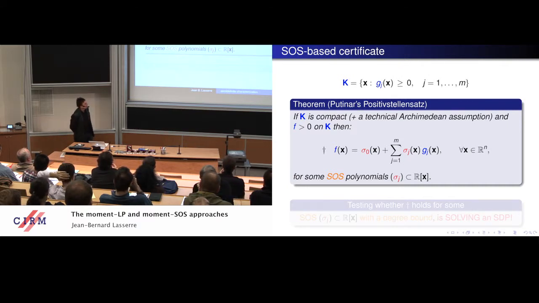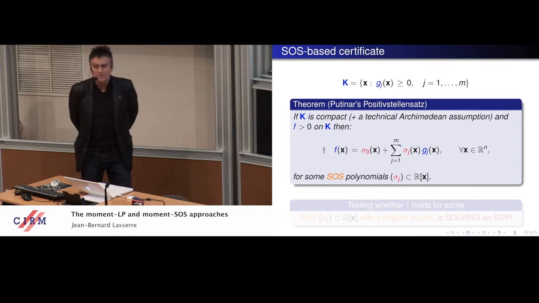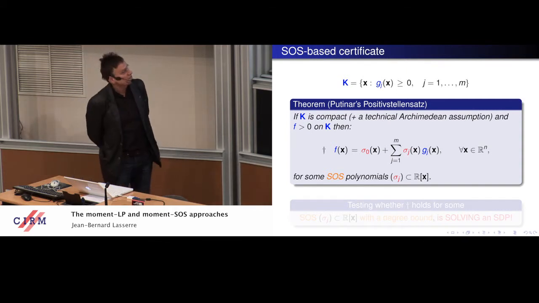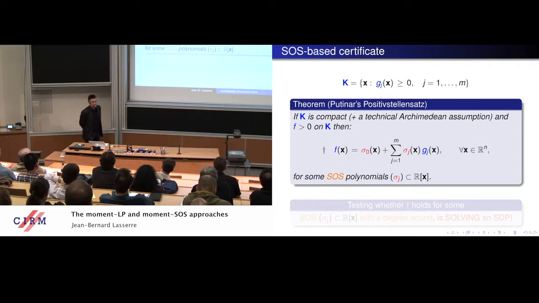I won't speak about that because it's not very important in terms of restrictions. And so, provided you have this slight technical Archimedean assumption, then it says the following. If f is a strictly positive polynomial on K, then you have a certain way to write f, to represent f, in terms of a weighted sum of squares of the g_j that define the set K.